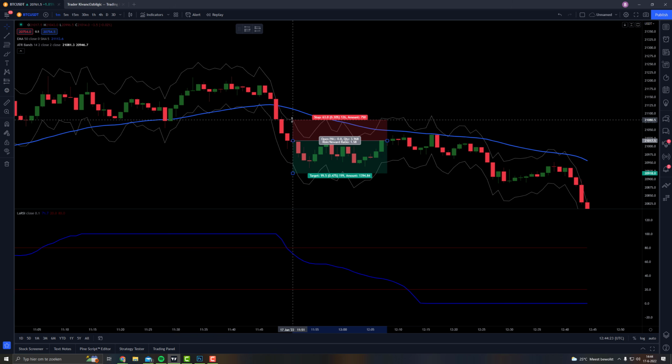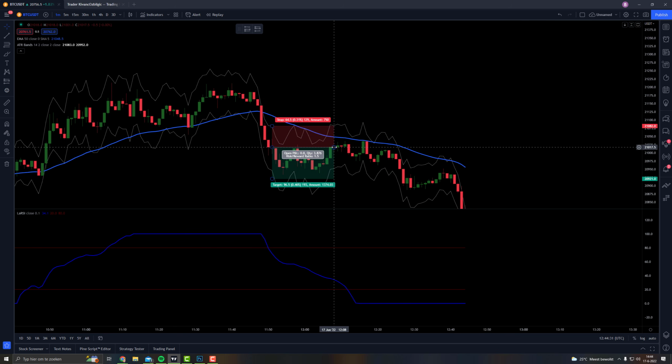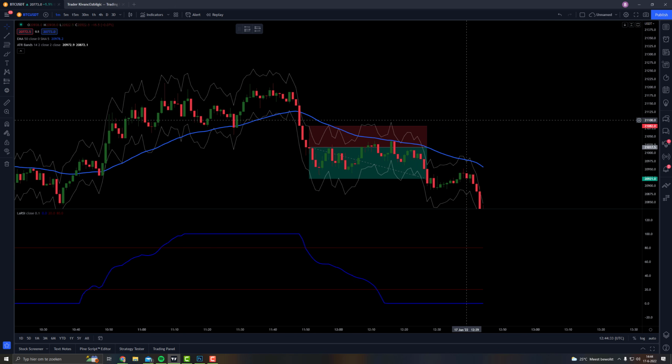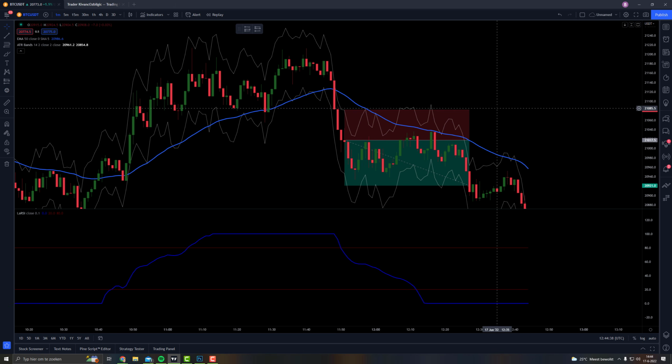You move the stop loss on the ATR and you do it 1 times 1.5. You have to believe me, I didn't check it yet, but the first one would have been a nice hit, so that's great.